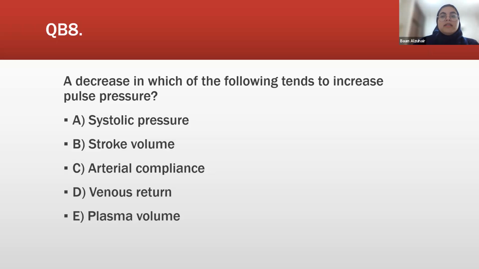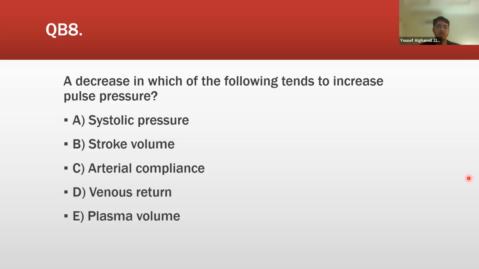So I think it's C because if we decrease atrial compliance, the pressure will be higher. Arterial compliance. Okay. Look, the answer is C, but the explanation is not quite correct. A decrease in arterial compliance means vasodilation.